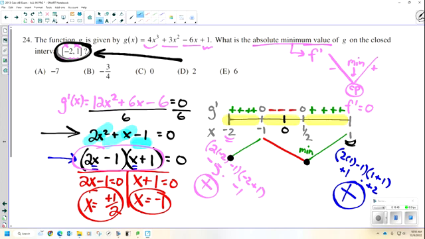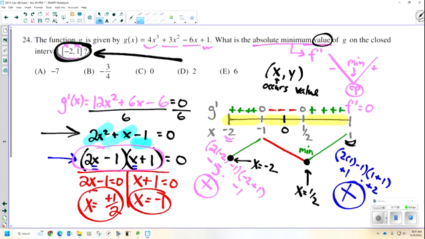So these two black points, when x is 1/2 and when x is -2, I got to see the y values. They don't want to know where the minimum occurs. They want to know the minimum value. I'm going to have a coordinate for my minimum. This is the location, or where it occurs, the x. The actual value of my minimum is the y.